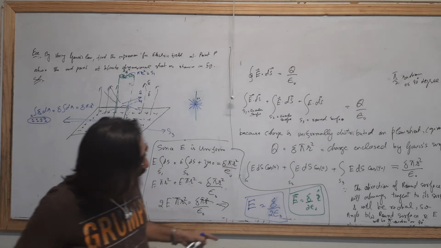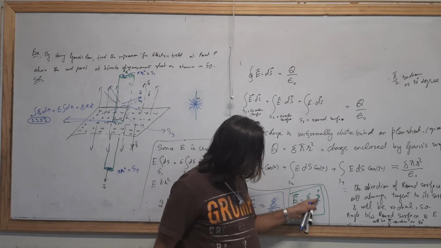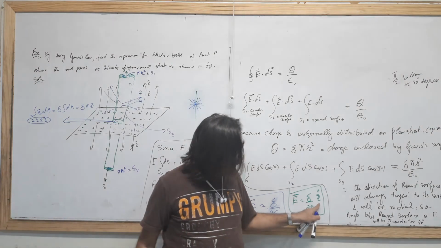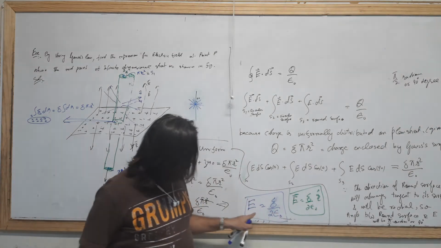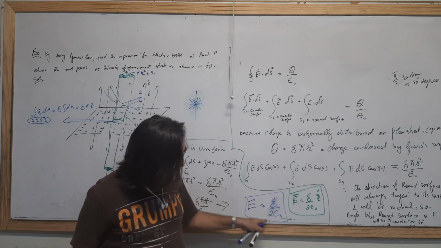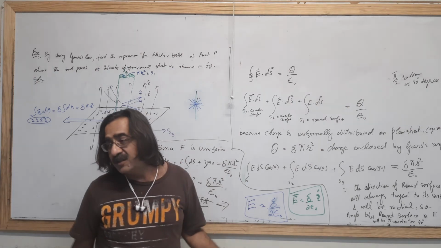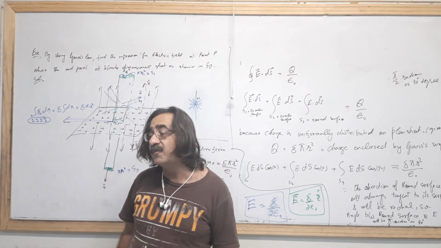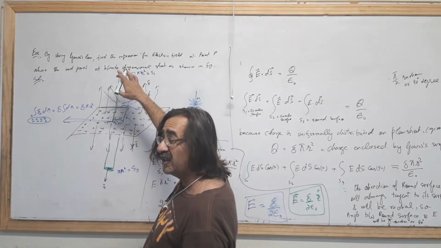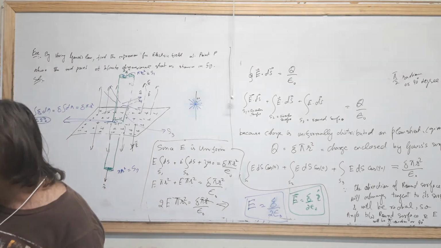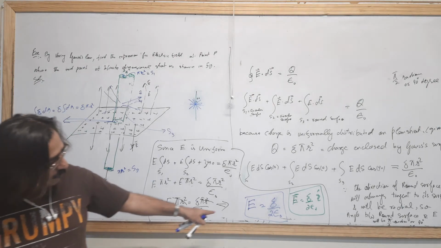And always remember, you may easily observe that the r unit vector is only giving the direction, and the magnitude of electric field intensity is not depending upon the distance of the point. Whether P is near or far away, it is not depending upon the distance of the point from the sheet, because no r is involved here.